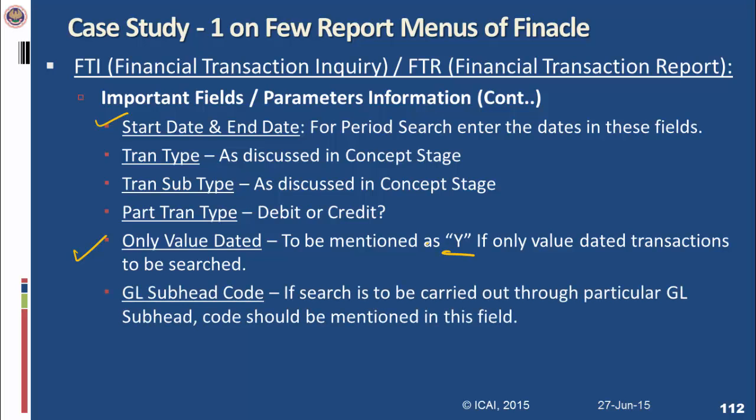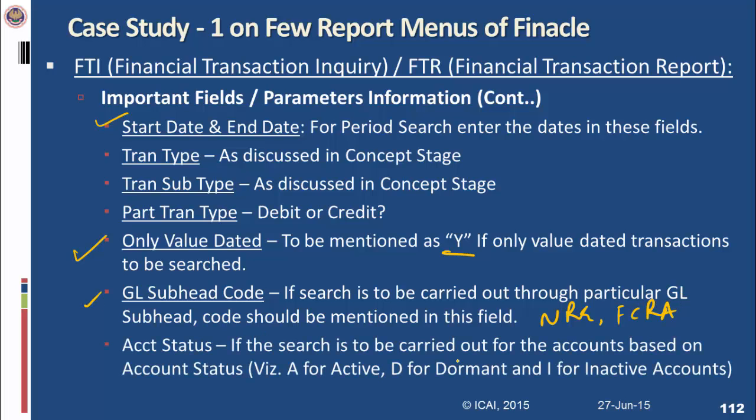GL subhead code is required for escrow account verification, or NRE account, FCRA account. Account status is used for dormant and inactive account verification; transactions into those accounts will be checked using the account status.